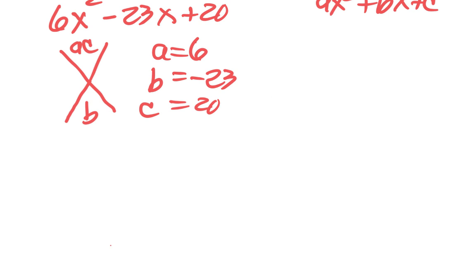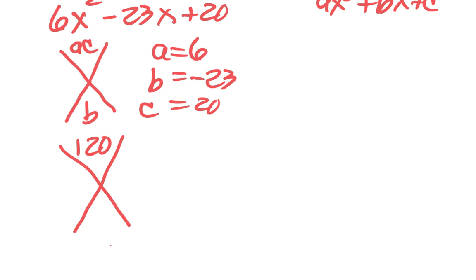All right. Let's make our actual x factor table. A times c. I'm looking at 20 times 6. That is 120. And my b value is negative 23.